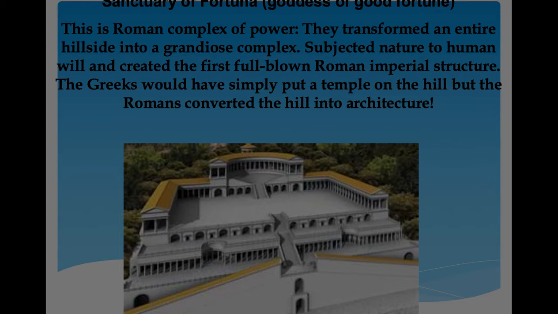So, about this temple or sanctuary, this is a Roman complex of power. They transformed an entire hillside into this grandiose complex. They subjected nature to human will and created the first full-blown Roman imperial structure. What that means is basically they took a hillside and turned it into something architectural.